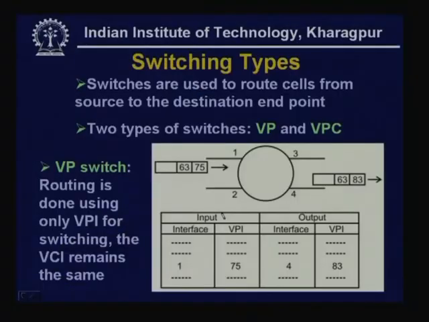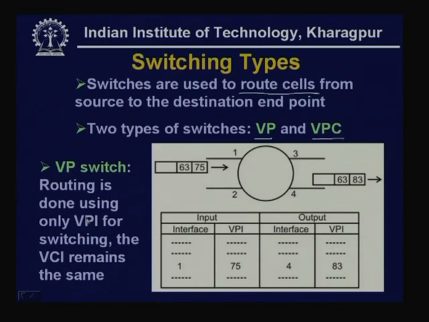Now, let us look at the different types of switching used in ATM. As we know, the switches are used to route cells from source to destination endpoints. So, it does routing and switching, and there are two types of switches used. One is known as VP switch, another is known as VC switch.